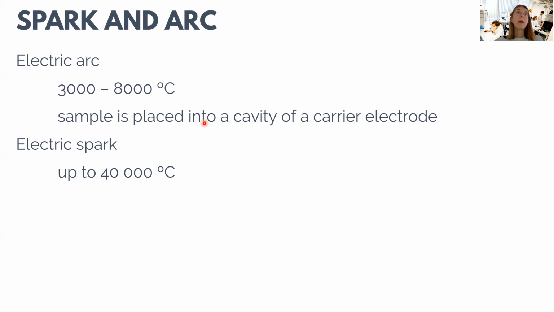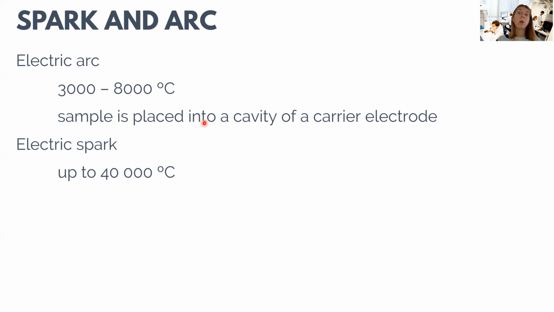Lastly, I would also like to mention spark and arc. Electric arc has a fairly wide temperature range from 3,000 to 8,000 kelvins. This depends on the electrode materials and also how close these two electrodes are placed to each other.